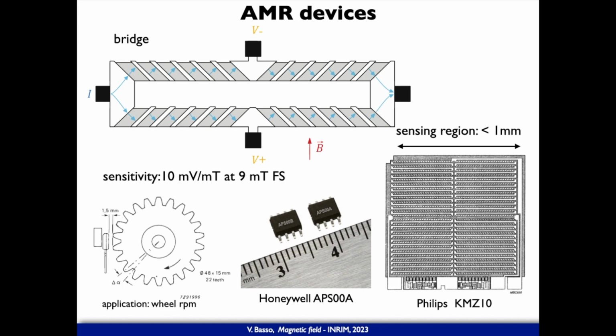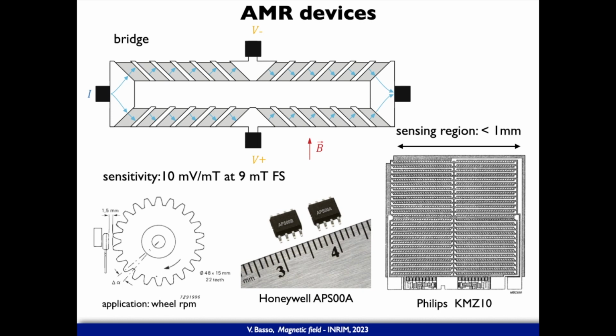The sensing region, again, is around the millimeter. They are very robust because in the end it's just measuring a change in resistance. These are the typical magnetic field sensors used in automation, for example to measure the position and the velocity of gears and whatever. Most of the classical and cheaper magnetic field sensors will be AMR with most probability.